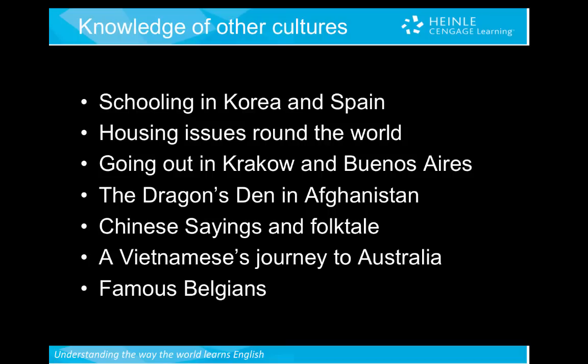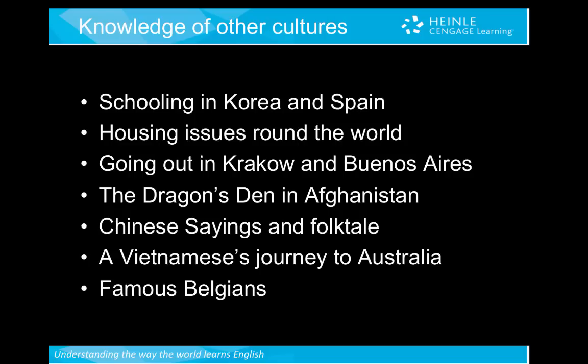They read about the Dragon's Den, a TV show where wannabe business people or budding entrepreneurs pitch ideas to successful business people to see if they can get investment. And there's a text about the Dragon's Den in Afghanistan and reality TV in Afghanistan. There's a reading about a Chinese folktale connected to money, and they explore some Chinese sayings about money. And again, they discuss the degree to which they represent or differ from their own personal beliefs and feelings about these things.